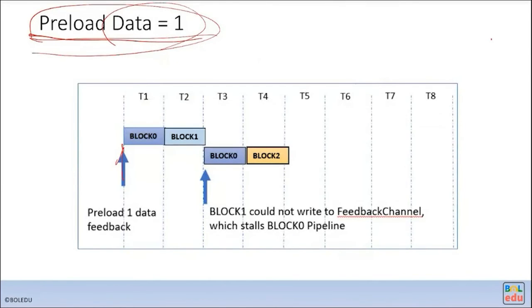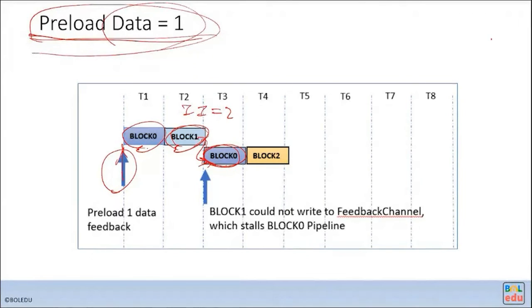When you preload, block 0 can kick off and run, and then block 1 can run. But block 0 cannot start again until block 1 pushes its output, because the preload is only one data. The second data is pushed in by block 1. So block 0 can start only when block 1 pushes its data. In this case, you cannot achieve II equal 1; here II equals 2.